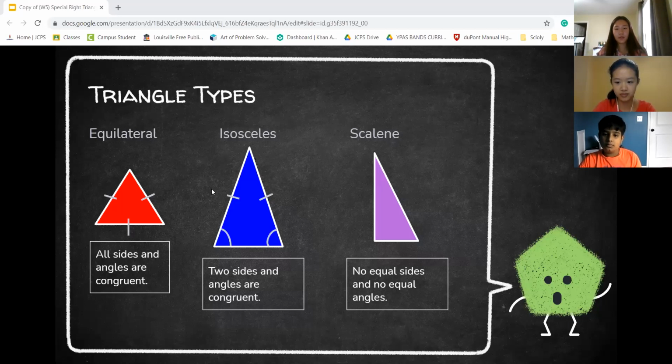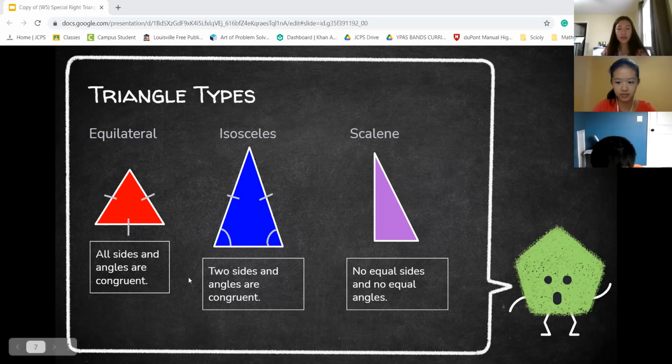For all of these, the little tick marks show that they're the same length. And if you look at the blue triangle, there can be tick marks on the angles too, and that shows that they're congruent. The blue one is called isosceles, and it's where two of the sides and angles are congruent.